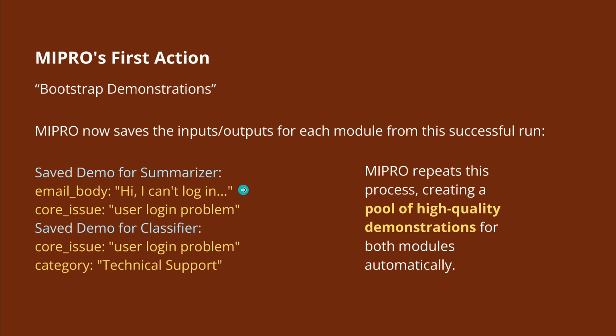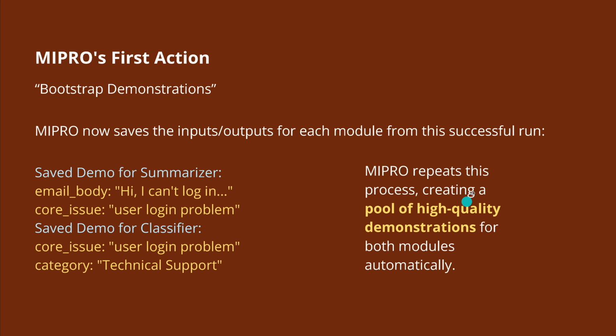So now the system has defined, for my training data, the intermediate step of identification. What is the core issue of this email? We have, if you want a chain of thought in between, a user login problem, and a classifier that then, with the core issue, user login problem, has an absolutely clear path forward: technical support.